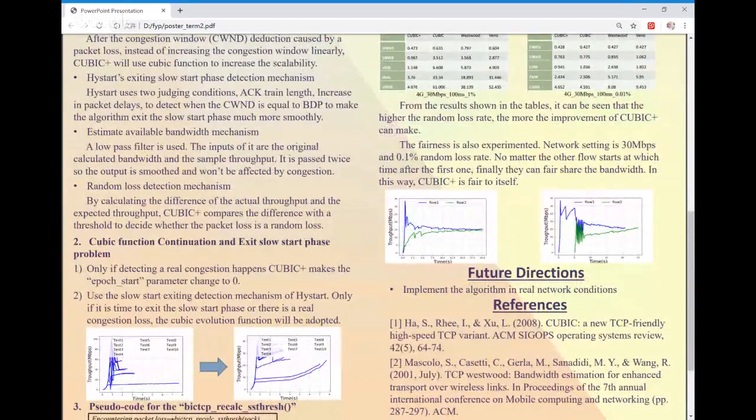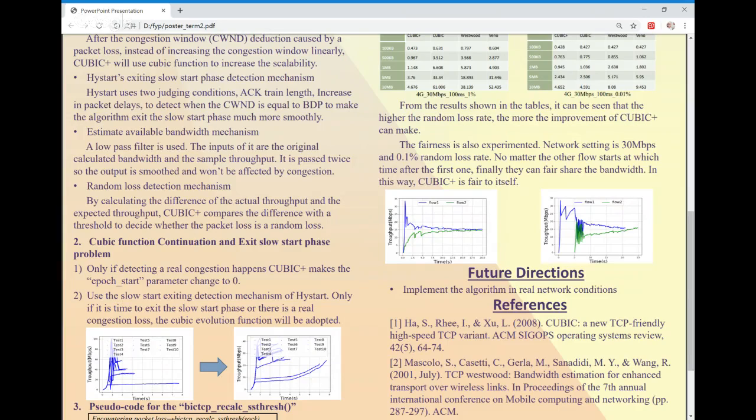The third one is the estimate available bandwidth mechanism, which I get from TCP Westwood. It will continuously monitor the rate of returning acknowledged packets to calculate the sample throughput. It will use the sample throughput together with the estimated bandwidth calculated last time as the inputs of a low-pass filter to calculate the estimated bandwidth.